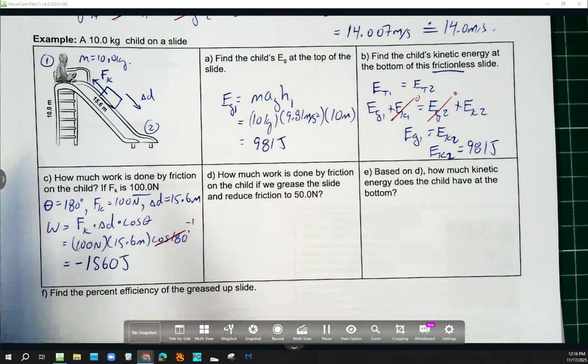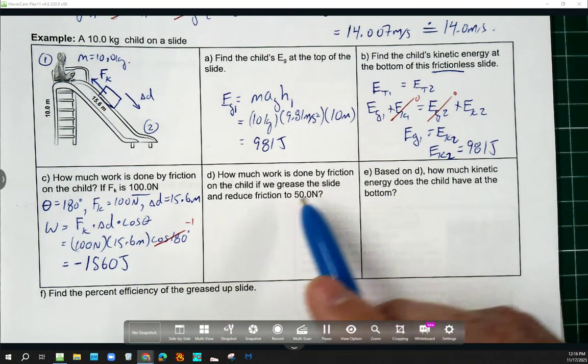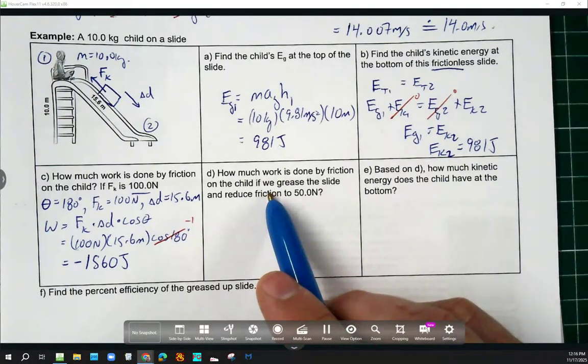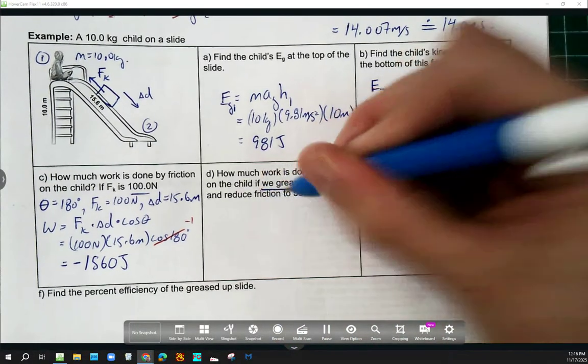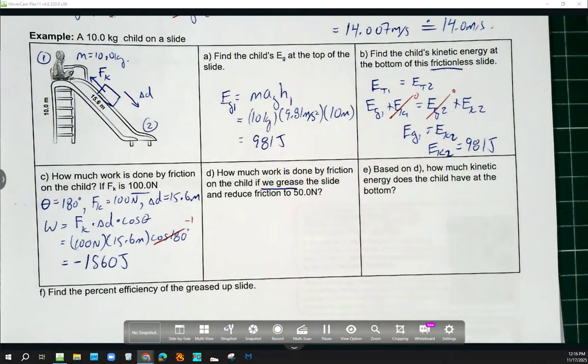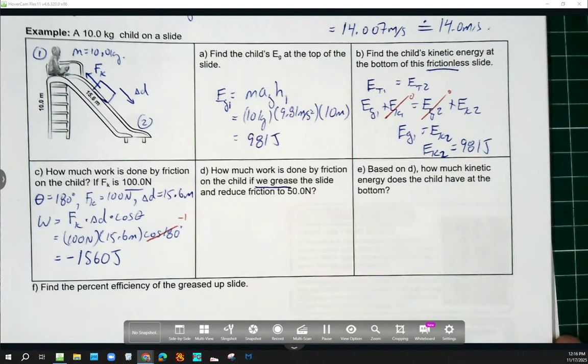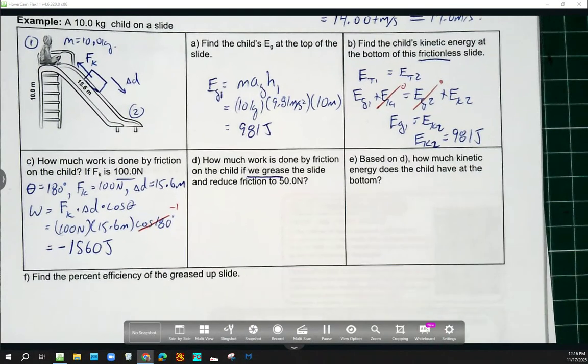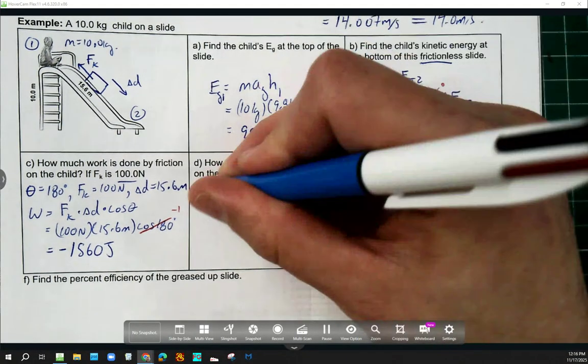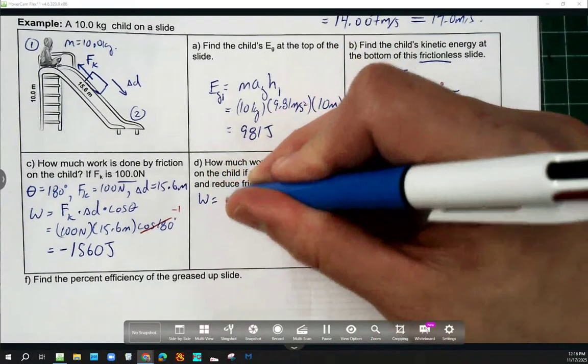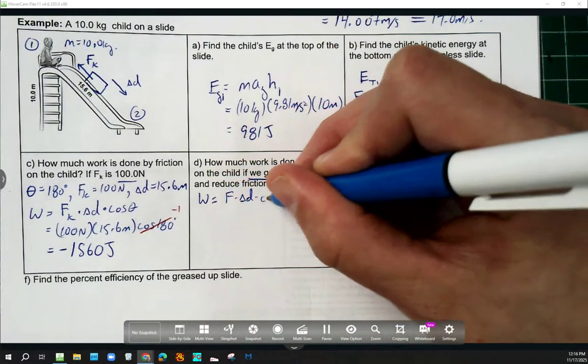All right, well, let's change it. Let's just say how much work is done by friction on a child if we grease up the slide. Now, don't do this, don't modify a slide, okay? Every once in a while, there's some idiot that goes and damages city property. Don't be that idiot, okay? But if we did, on our own private property, work is equal to force times displacement times cosine of theta.